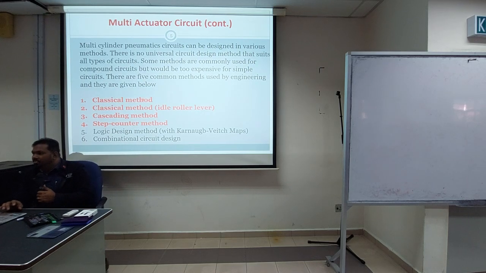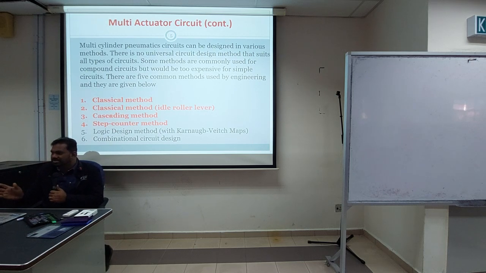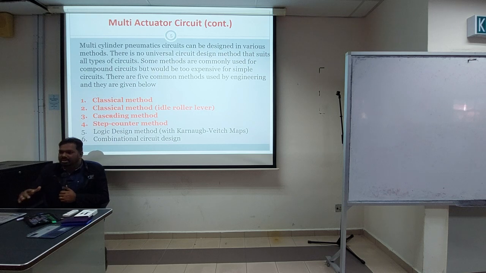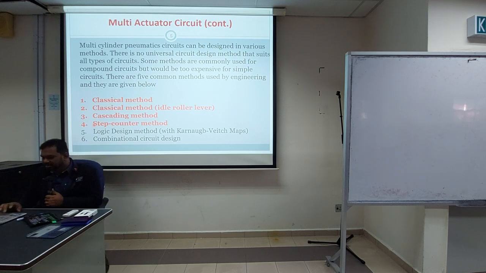But if you have a complicated circuit with a lot of sequencing, you use the cascading method or the step counter method. I have 2 different videos for these, so we won't cover this in 1 week. Maybe we will have 2 weeks so that I can explain better.